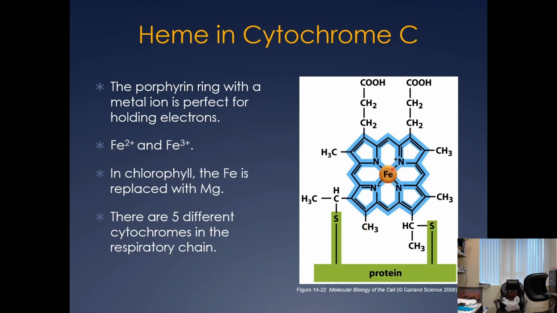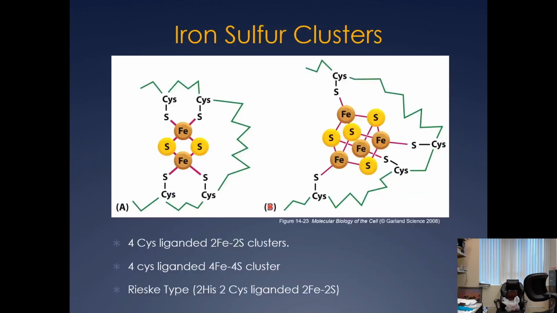And the iron can actually exist in a +2 or +3 state, which makes it really great at moving electrons. And this is just one cytochrome, cytochrome C, but there's all kinds of different hemes. In total, there's 5 different cytochromes in the respiratory chain, and a lot of them have hemes and iron-sulfur cluster proteins, as well as copper.